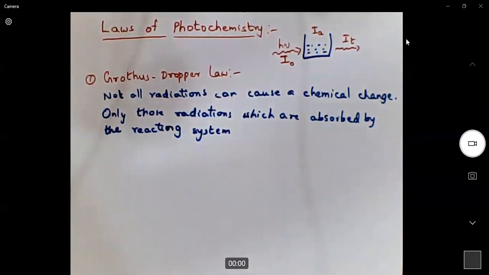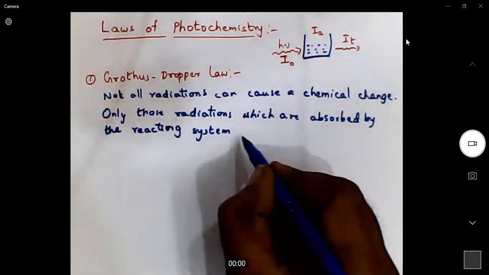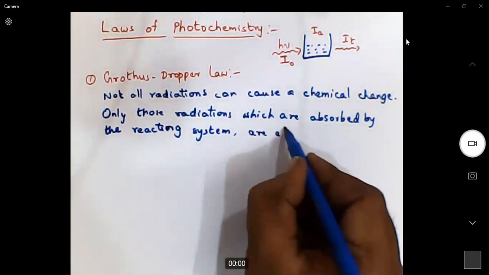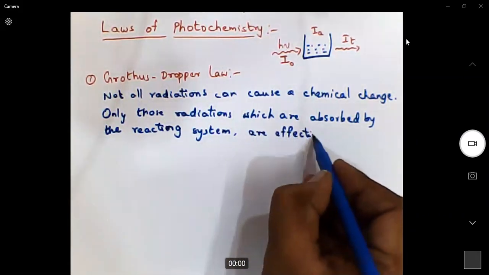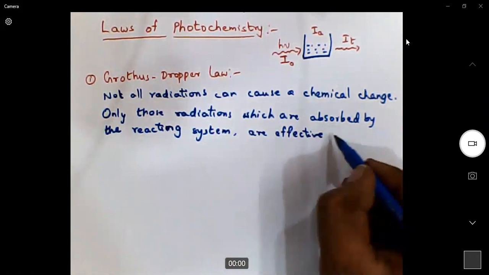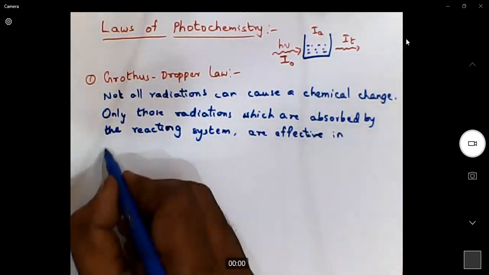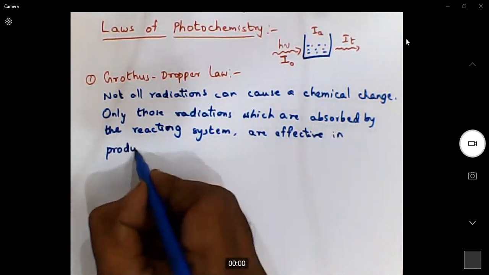Only those radiations which are absorbed by the reacting system are effective in producing a chemical change.